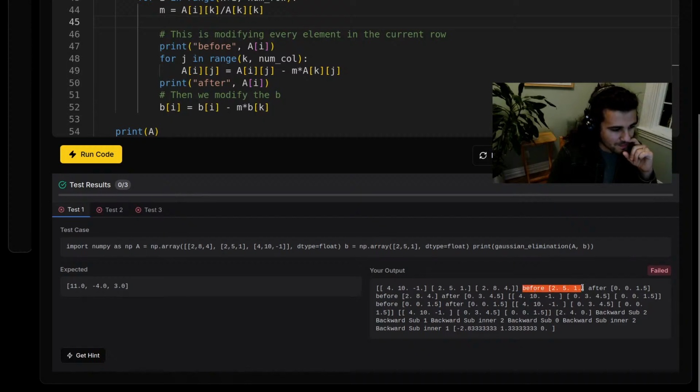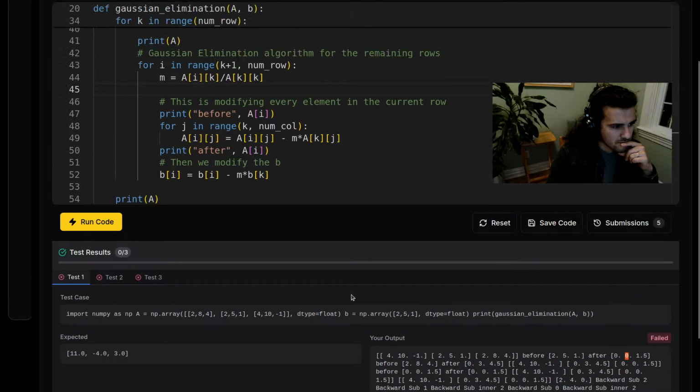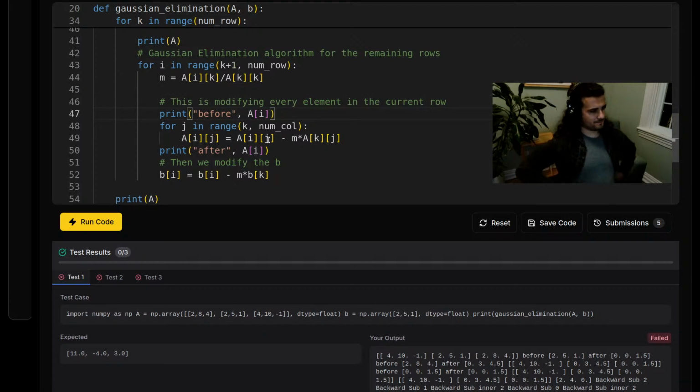Okay, before and after, it's 2, 5. It's this one that is getting canceled out. Yeah, okay. Does it make sense that it is getting killed off like this?